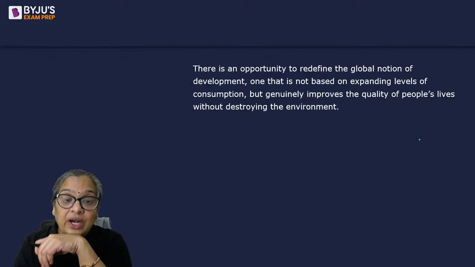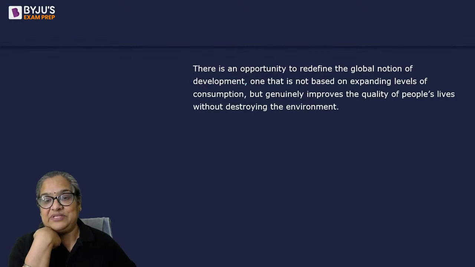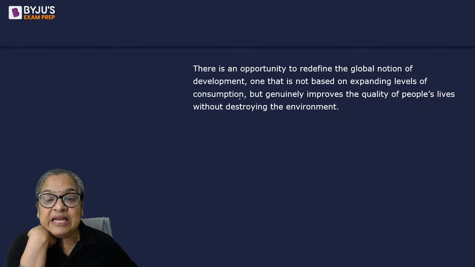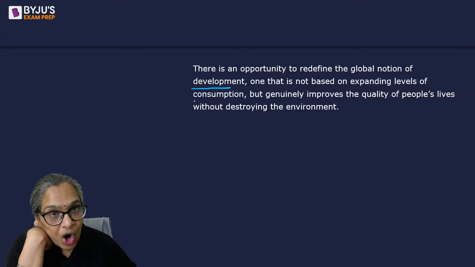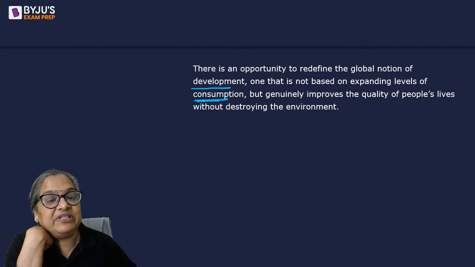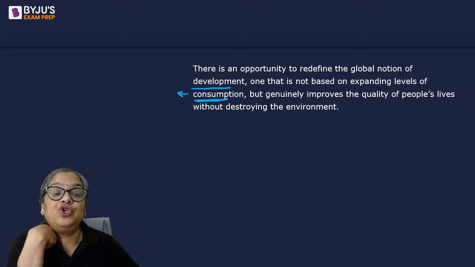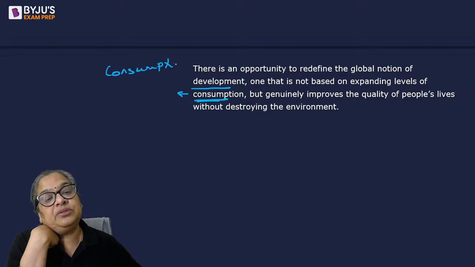So, what your argument finally comes up with is that we need a sustainable model of development, not based on expanding levels of consumption and consumerism. The Western model is based on consumption and consumerism.